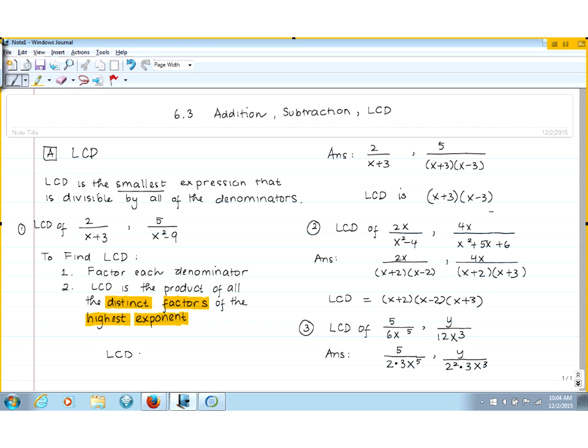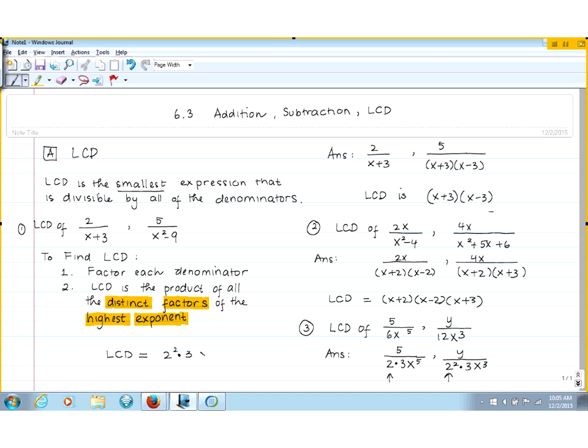Okay, good. Now, I don't have space for the LCD, so I will write it. What is the LCD? Let's write down 2. Which one is the highest exponent for 2? The square, so 2 squared. I have these 2s, but I choose the one with the highest exponent. 3, how many 3s do I have? 2 also, but what is the highest exponent?